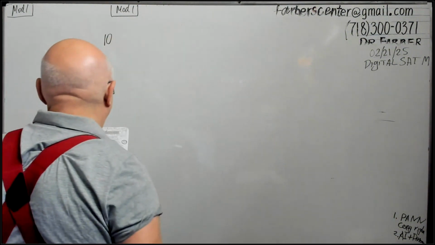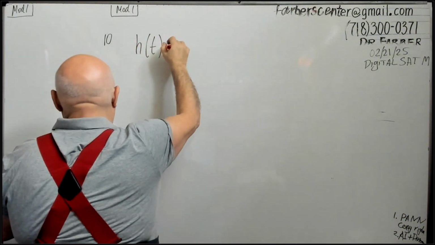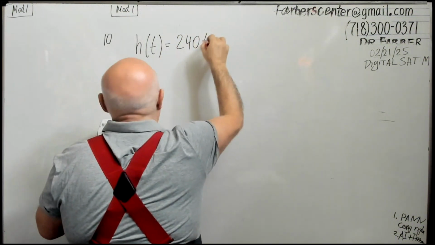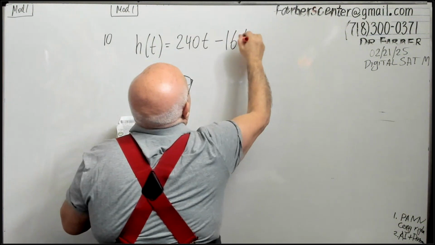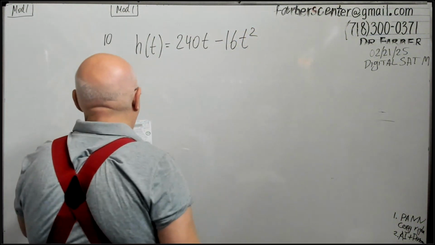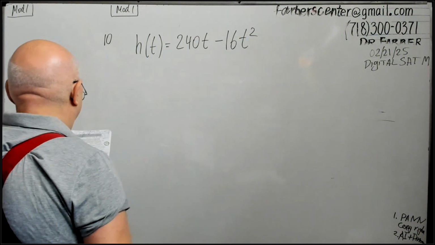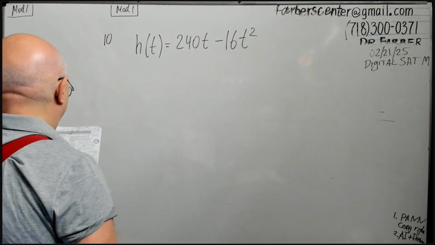We have the equation h of t equals 240t minus 60t squared. Okay, it's after substitution.